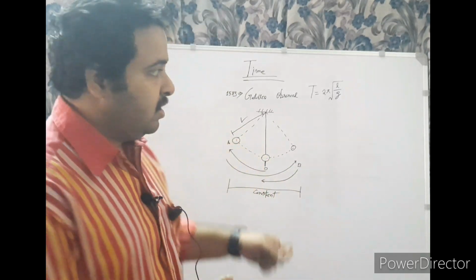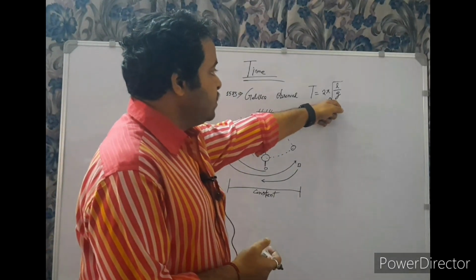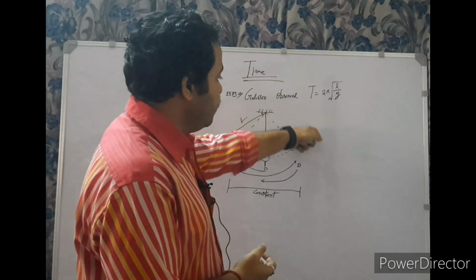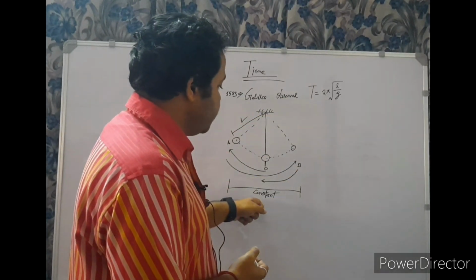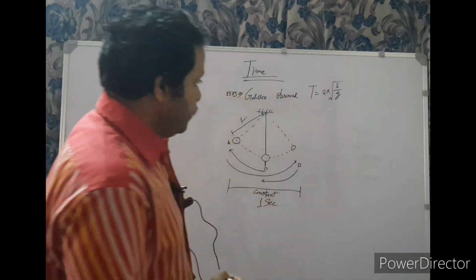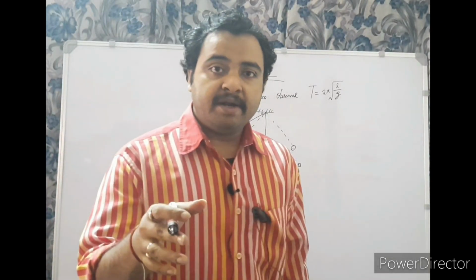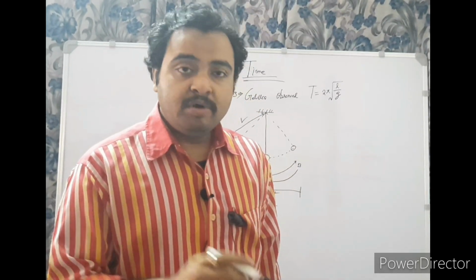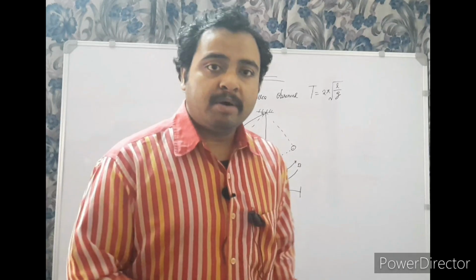So obviously if G is taken as a parameter to measure time period, and if time period is taken as a parameter to measure 1 second, then the value of 1 second for the people living on a plain area will be different from the people living on the mountains.